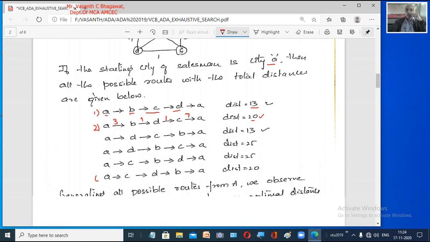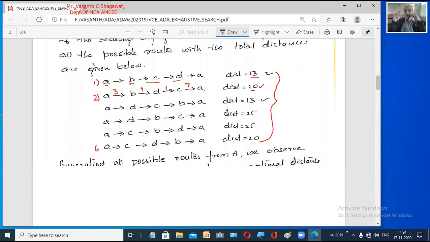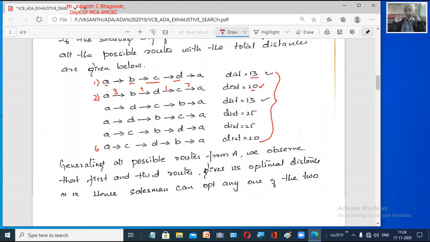Once you have generated all the possible routes from city A, traversing all the cities and coming back to A, these are all the possible routes. Once you write down all the routes and find the total distance, you have to select the optimal. Which route is best for the traveling person, or the salesman who is traversing?